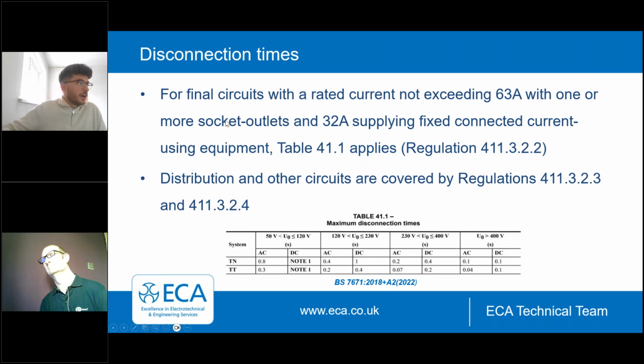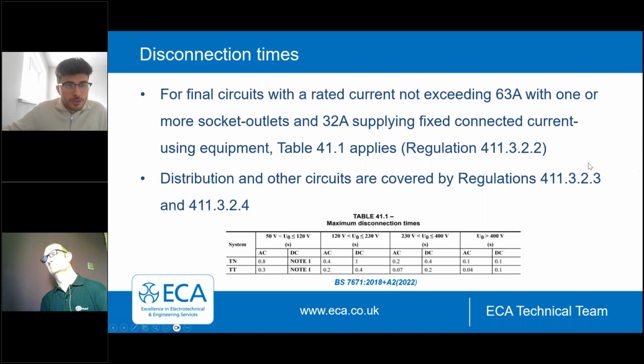So we can see to the left of the table, it refers to the earthing system type. So if we had a typical TN system, and then we had a nominal voltage to earth, U0, of 230 volts, which is obviously what we generally have. And if our circuit was to be, as per this first bullet point, so let's say a piece of fixed equipment at 16 amps, maybe a heater, on an AC system, then our maximum disconnection time would be 0.4 seconds.